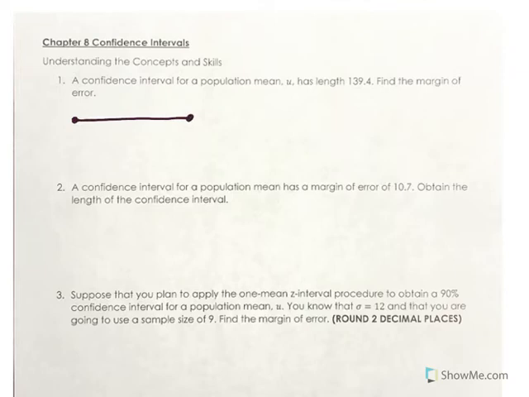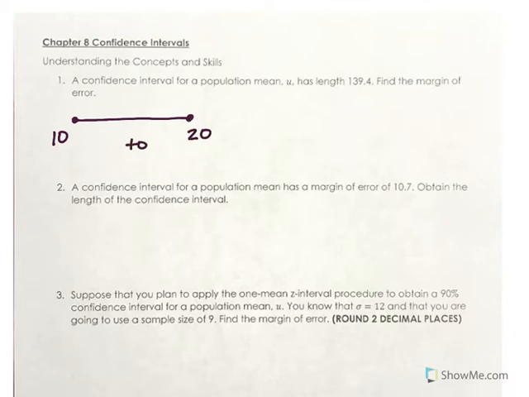So to speak, let's say our confidence interval was from 10 to 20. And that's what we wrote as our confidence interval, from 10 to 20.